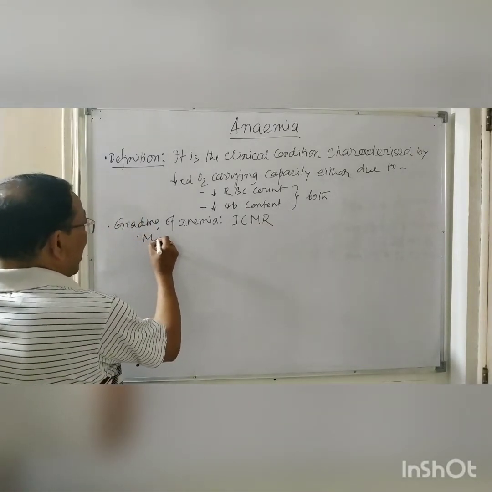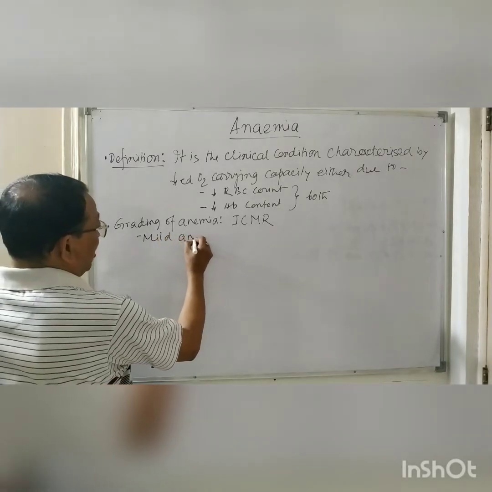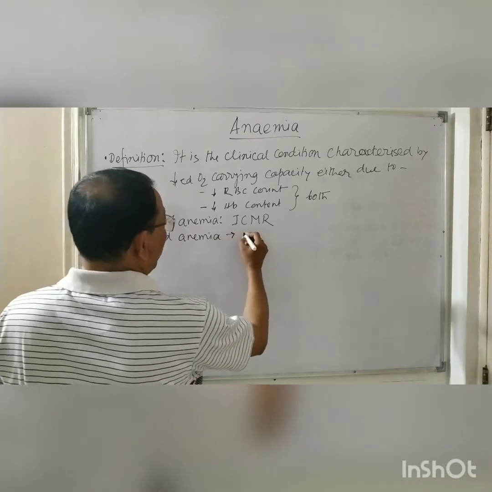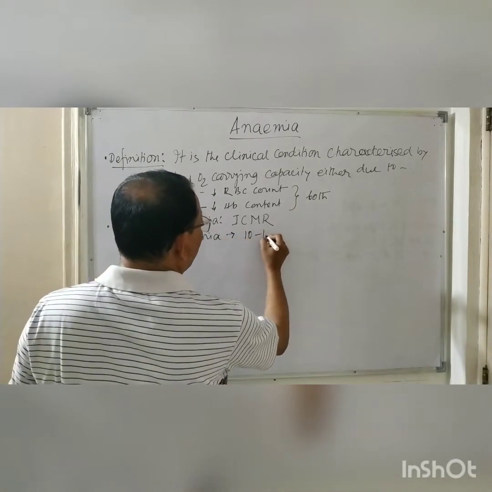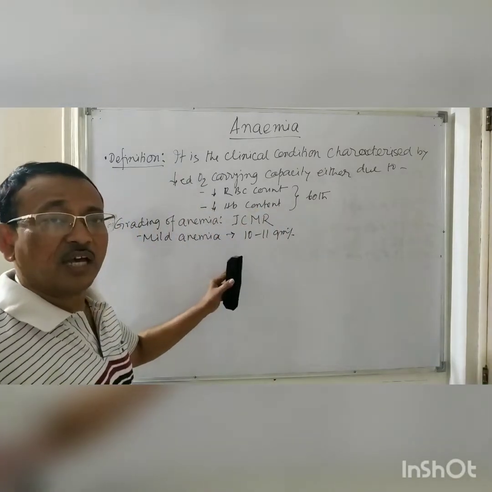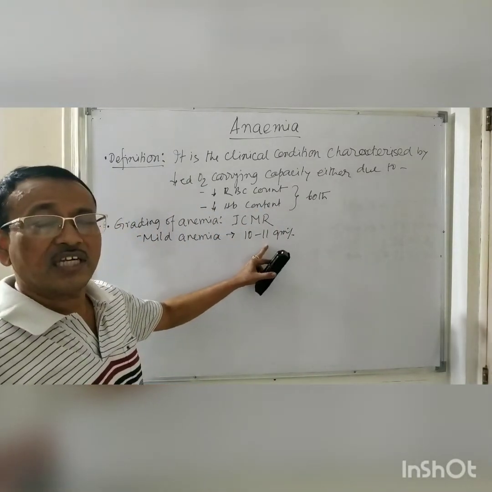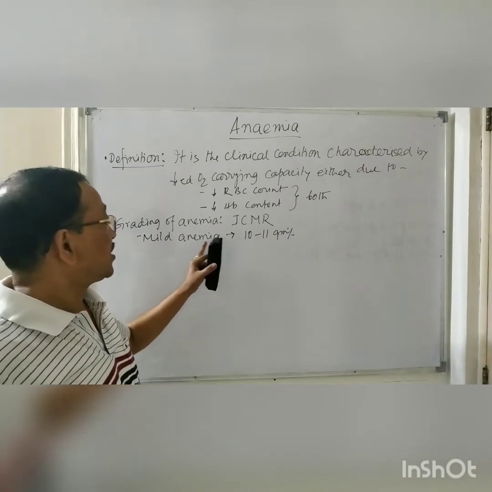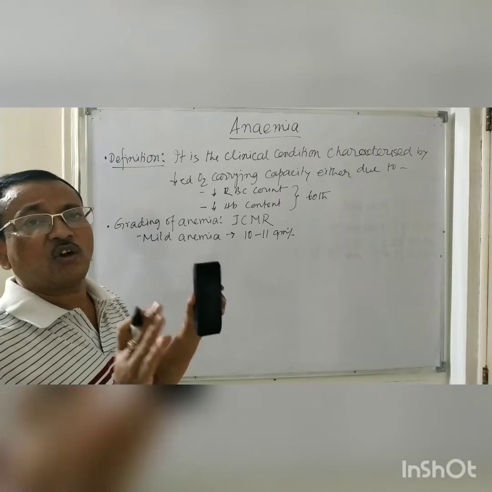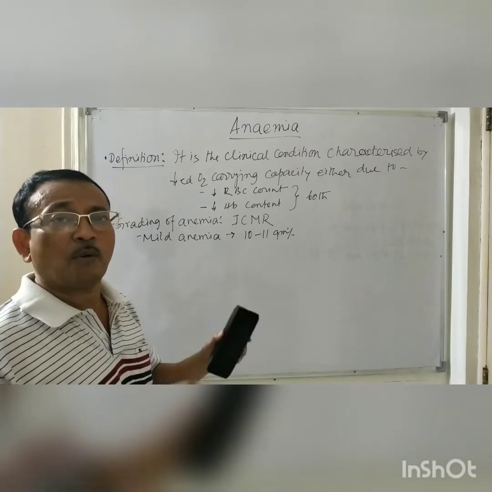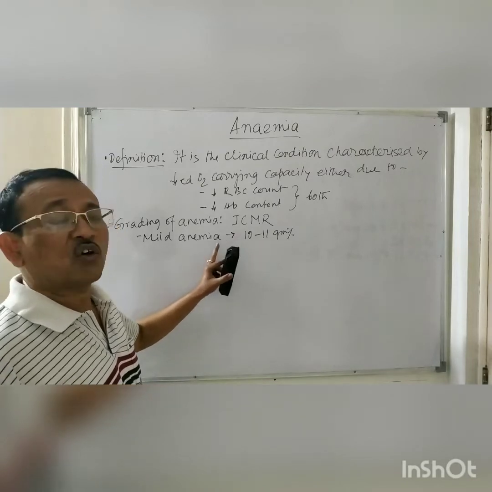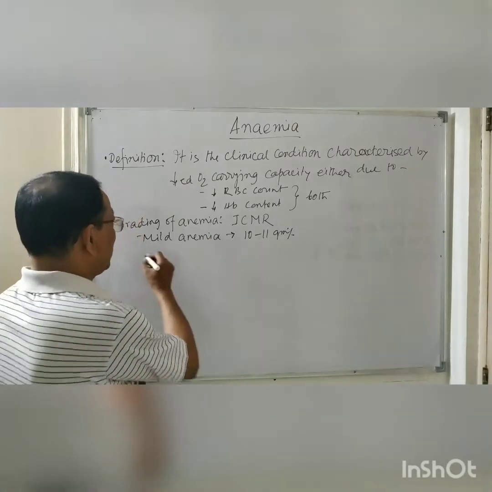In case of mild anemia, the hemoglobin content will be 10 to 11 gram percent. Then the person is termed as mild anemic. Generally 12 gram percent is considered as normal in the Asian population context.